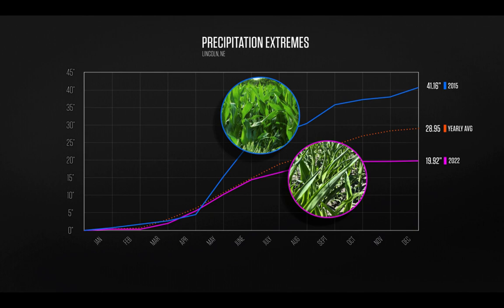So at the bottom, the purple line, you can see below average precipitation during the growing season. And the crops react pretty poorly. You see in this picture curly leaves, giving the example of an underperforming crop.